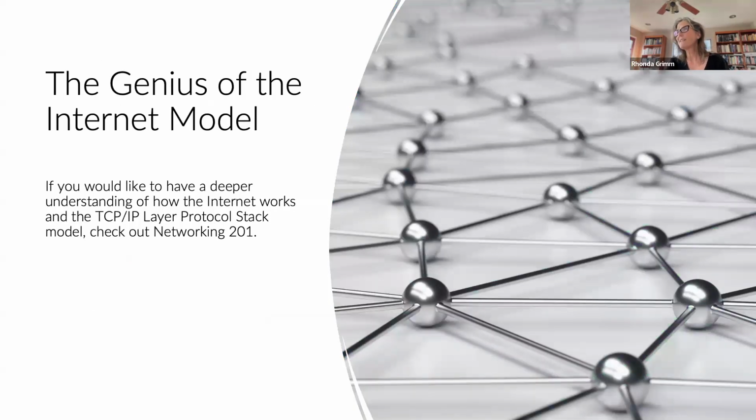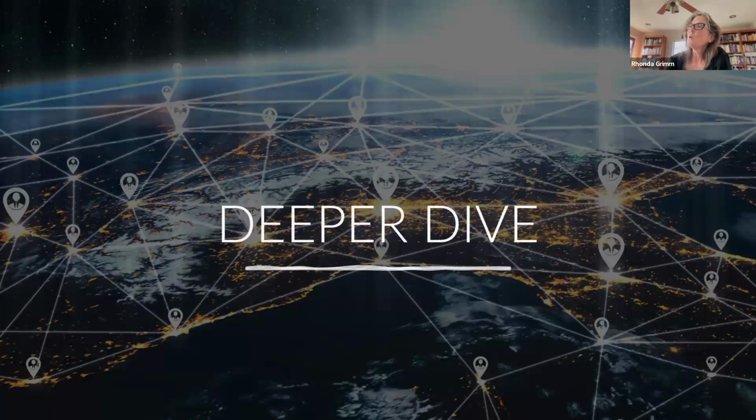So it's really this whole internet model, the TCP/IP layer protocol stack model, which we cover in detail in Networking 201. But for the purposes of this course, we'll skip this part. So that's basically how things get around the internet. Let's look at how it applies to the home network.